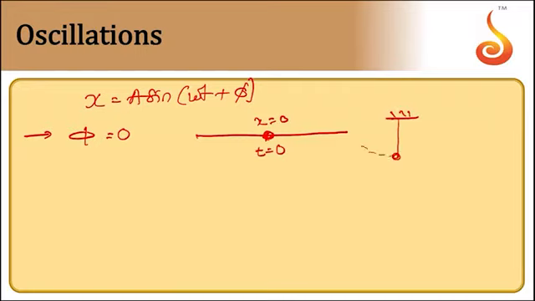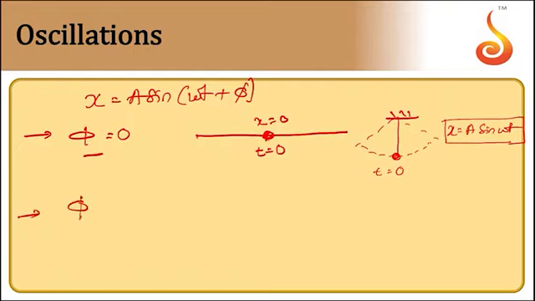The pendulum starts moving at t is equal to 0, that means at t is equal to 0 the particle is at the equilibrium position. Then the equation of this SHM is given by x is equal to a sin omega t. So to repeat, phi is equal to 0 represents the particle starting the journey from the mean position, and this corresponds to x is equal to a sin omega t.